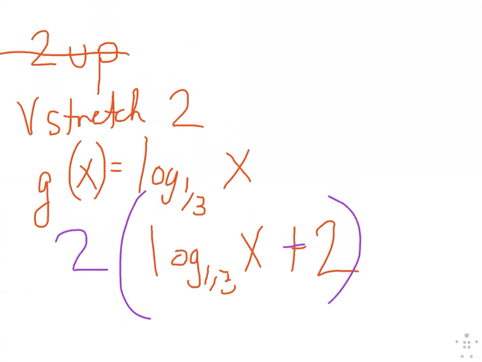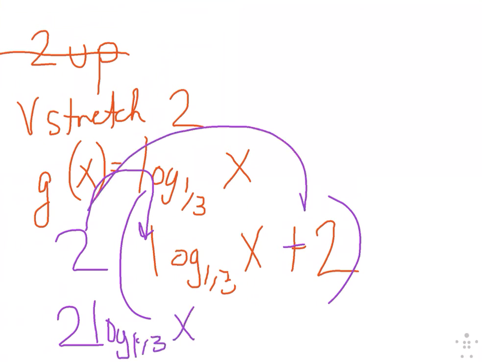However, what also could happen is distribute this out. What's 2 times the log base 1/3 of x? 2 log base 1/3 of x. And what's 2 times 2? 4.